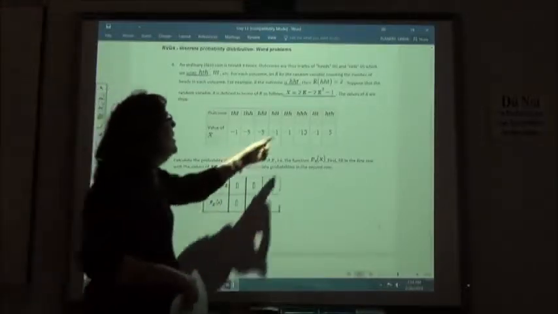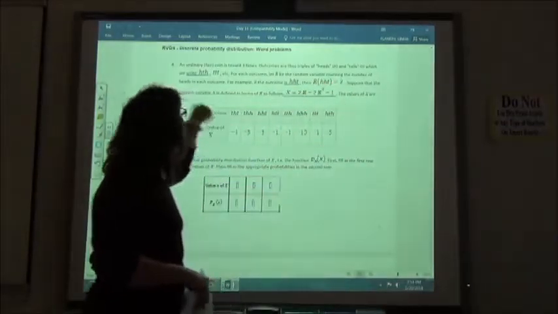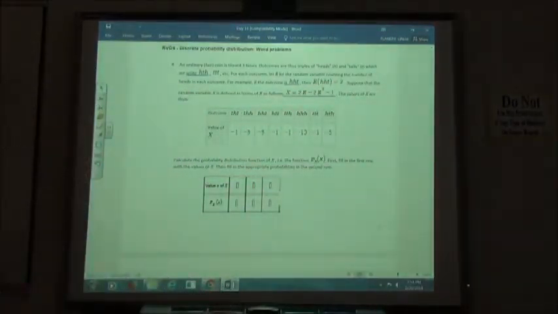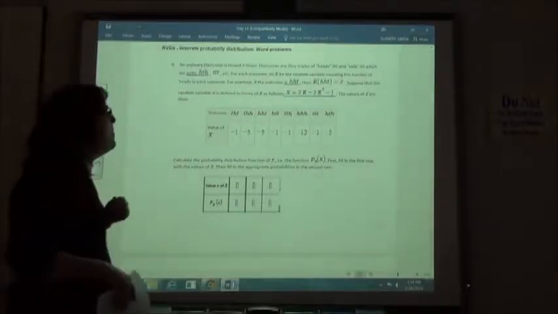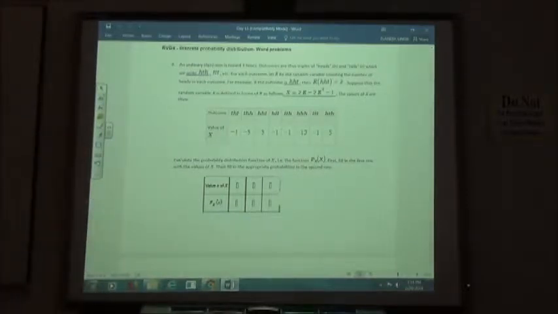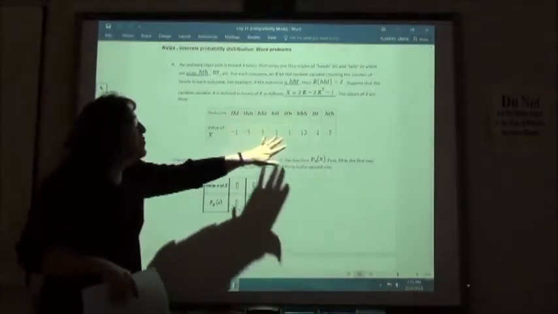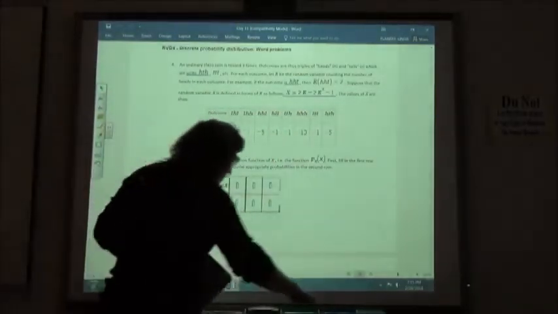For example, HHT equals 2, that means 2 heads. X is defined by the following formula, which we really don't care about. All we're really going to do is fill in our table to list what our probabilities are.